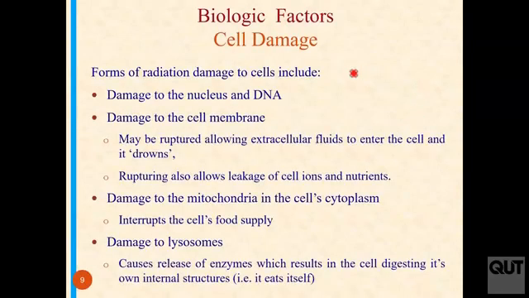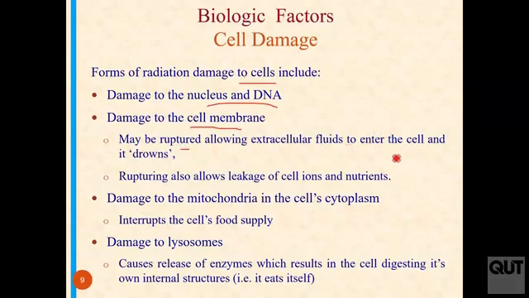The forms of radiation damage to cells can include damaging the nucleus and DNA, which is the main thing that we're interested in. It can also damage the cell membrane, which can rupture and let extracellular fluids enter the cell, and it can basically drown the cell.